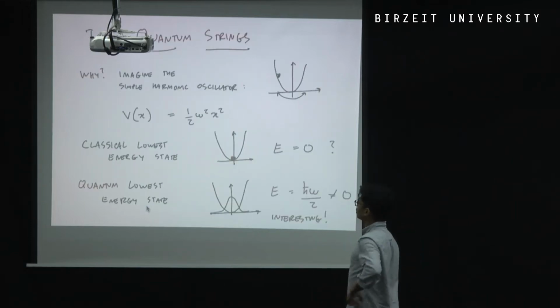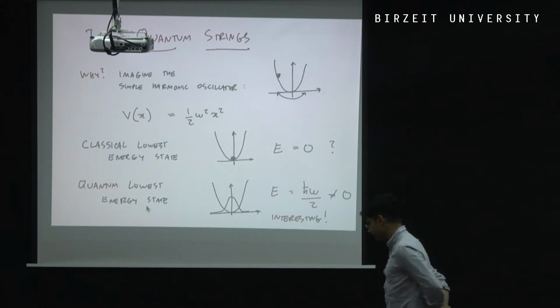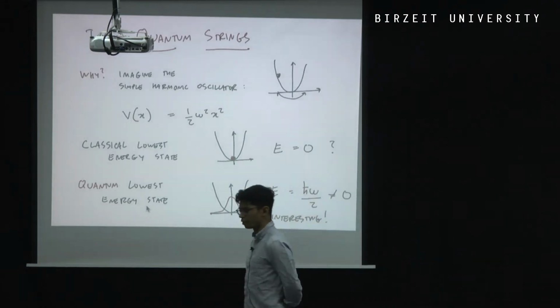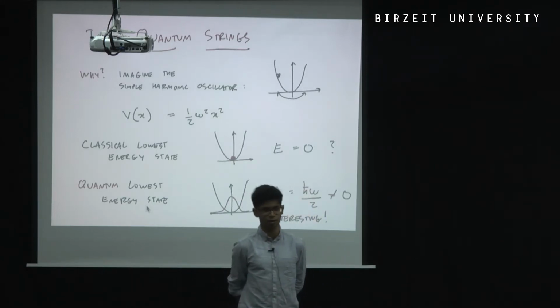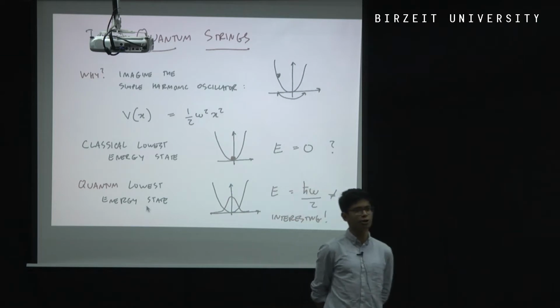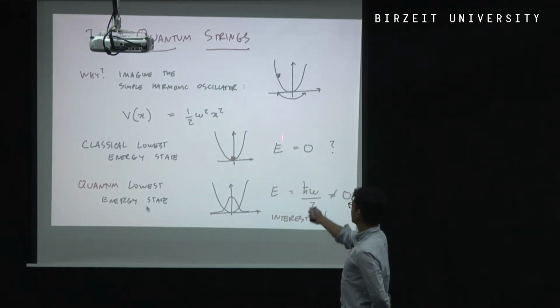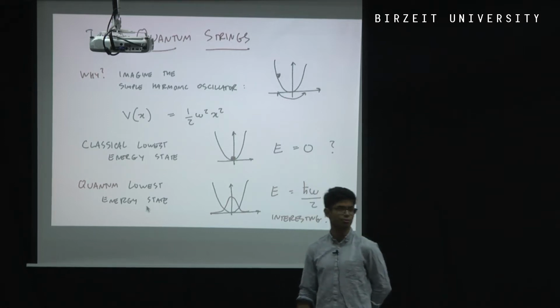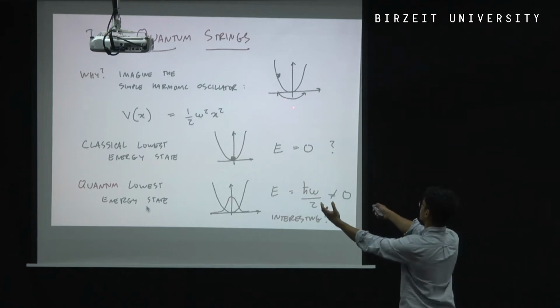Okay, so today we're going to discuss the quantum string. Now the first thing, whenever you start solving any quantum problem, is you should ask yourself, do you really have to? Okay, because quantum mechanics is hard. Maybe you can just do the classical problem and be happy with that. So let me explain to you why we have to solve the quantum problem by first talking about the normal simple harmonic oscillator.